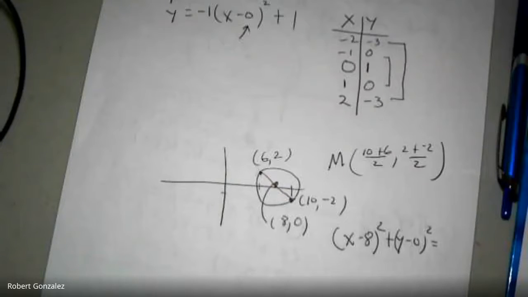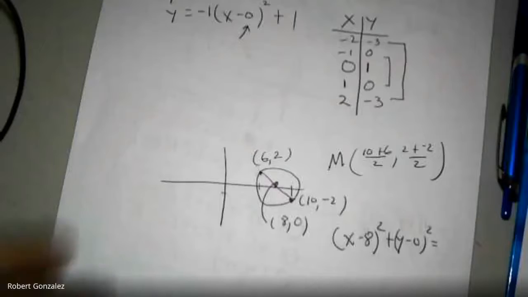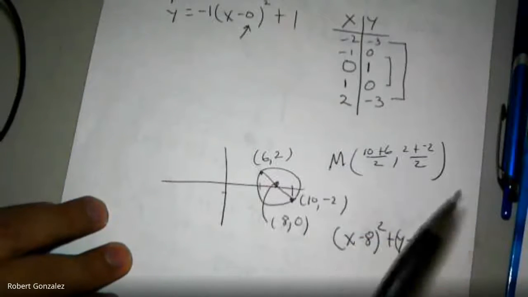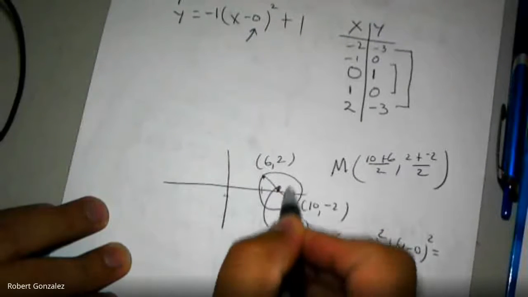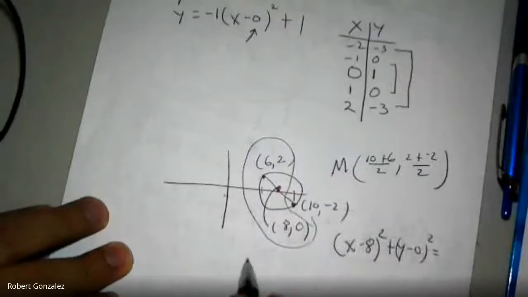Kylie, tell me how to find the radius. Do you have to find the distance between the center and one of the points? Sounds good. I'll use the (6, 2), okay?